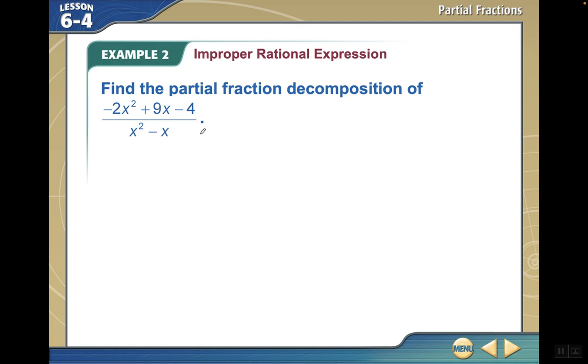I'm going to put that x squared minus x as my divisor, and my dividend is the negative 2x squared plus 9x. I'm sure you're groaning because nobody wants to do long division, especially with polynomials. But that's life sometimes.